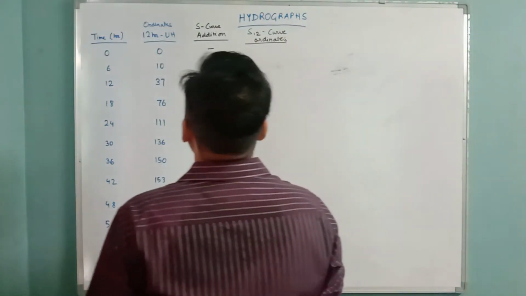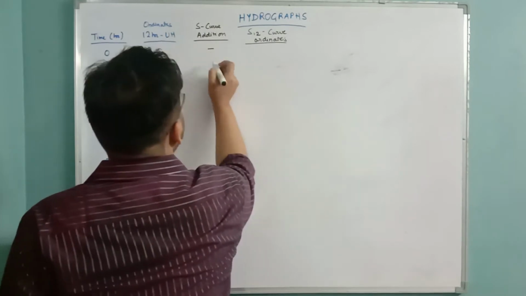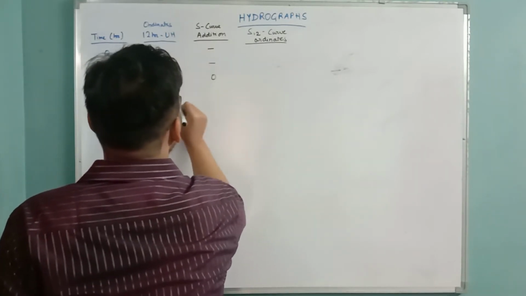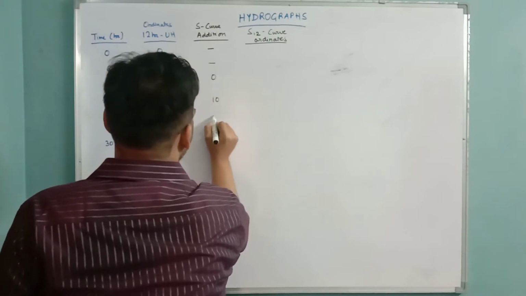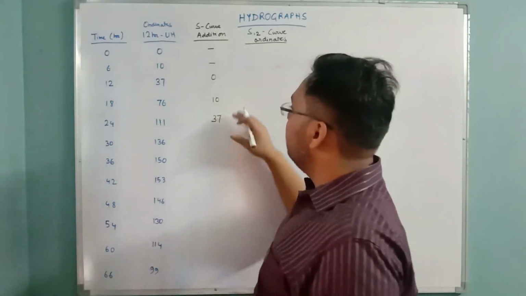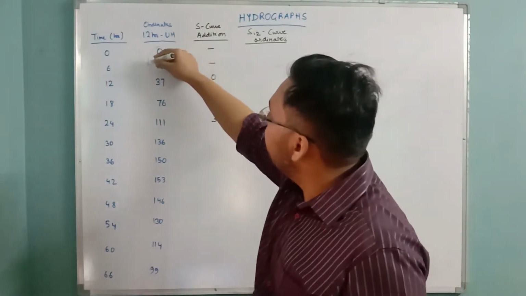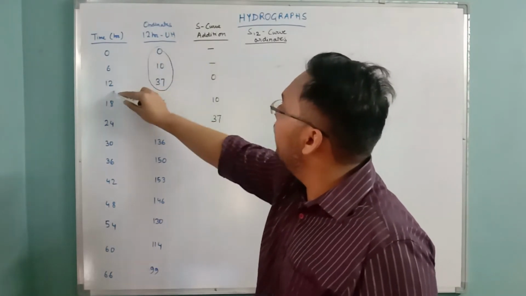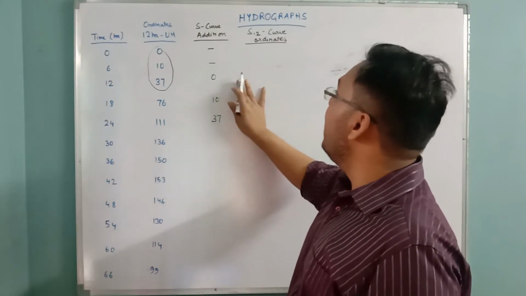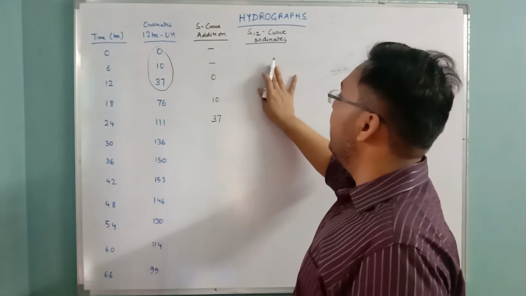And here we are going to, okay, sorry, I have made some mistake. 0, 0, 10, 37. As it is a 12-hour hydrograph, we will write these first three values up to 12. So this will be 0, 10, 37 over here. And now simultaneously we will also do the S12 curve addition.